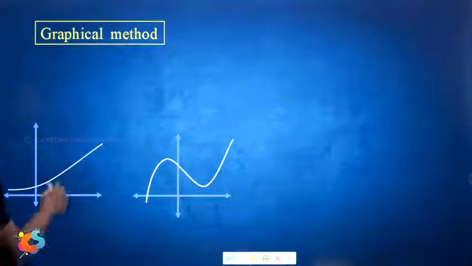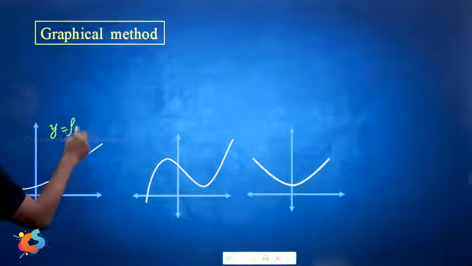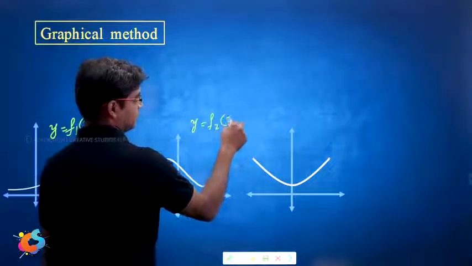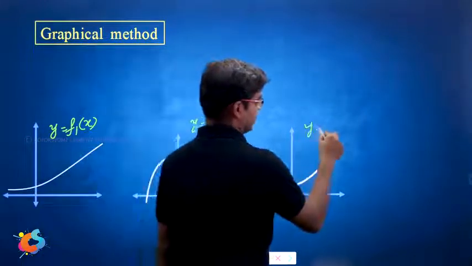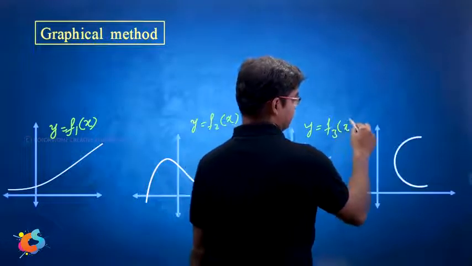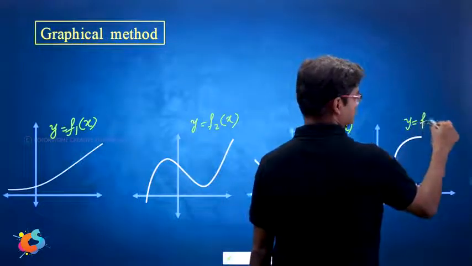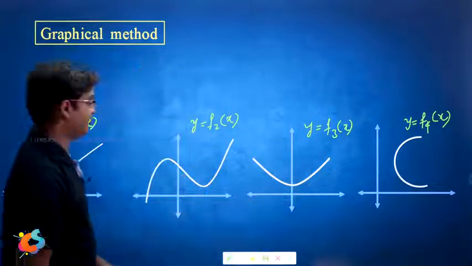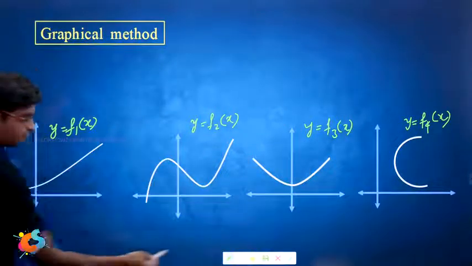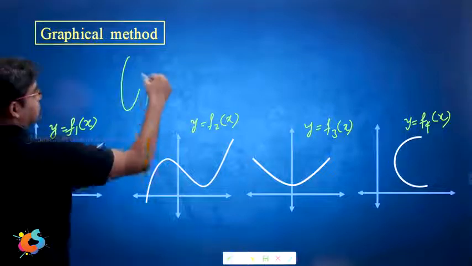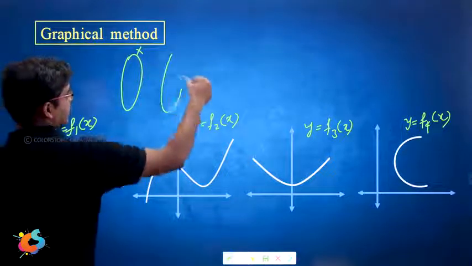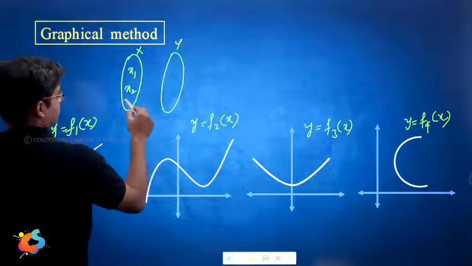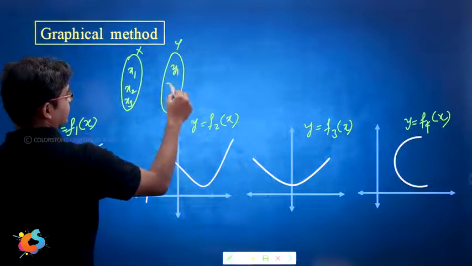Now we have to decide if these functions are one-one or many-one by seeing the graph of these functions. There are some functions. We do not know what this function is exactly, but we know the graph of that function. So how do we know? How did we decide before? If you have set x and set y and the elements are like this, let us say x3, y1 and y2.